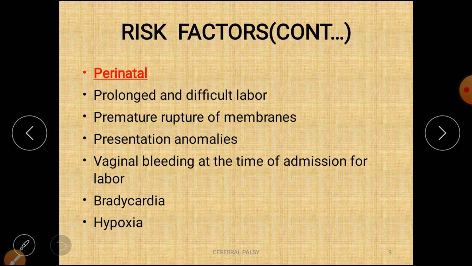Vaginal bleeding at the time of admission for labor, bradycardia to the mother or the fetus, and hypoxia: less oxygen reaches the brain and that causes permanent damage of the brain tissue, so that causes cerebral palsy.